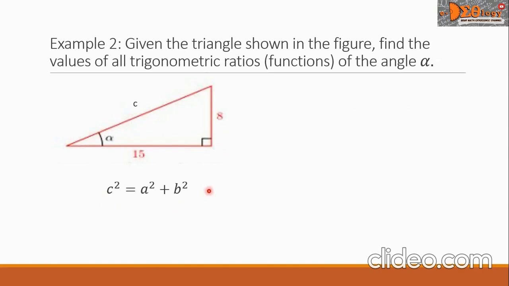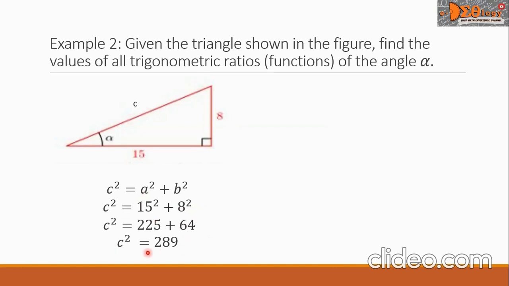Substituting now the values, we have c squared equals 15 squared plus 8 squared. Simplifying further, 15 squared is 225 plus 8 squared is 64. Then we will add the two numbers, it becomes 289.